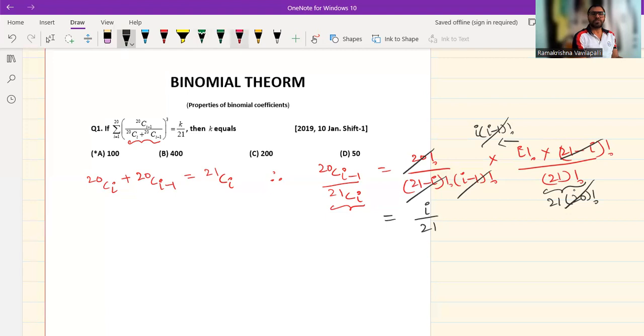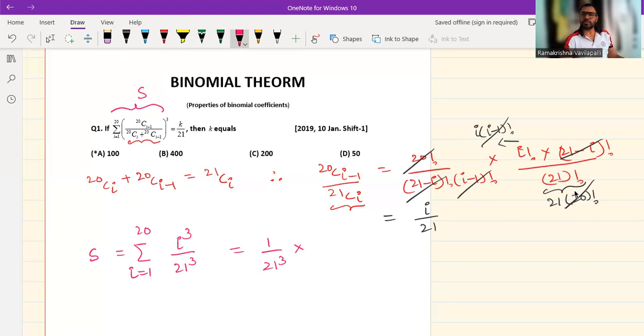Okay. So assume that this sum is S. So S equal to sigma i equal to 1 to 20, i cube by 21 cube, that is 1 by 21 cube times sigma i cube. You write the sigma i cube formula: n into n plus 1 by 2 whole square.